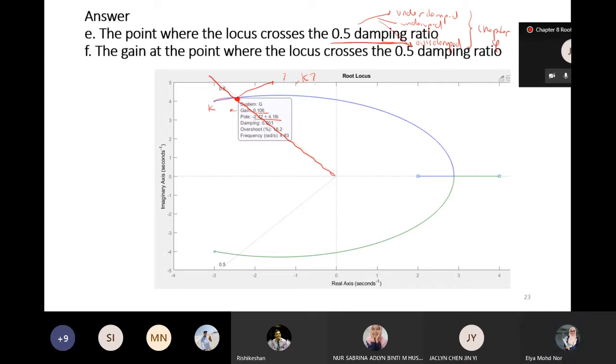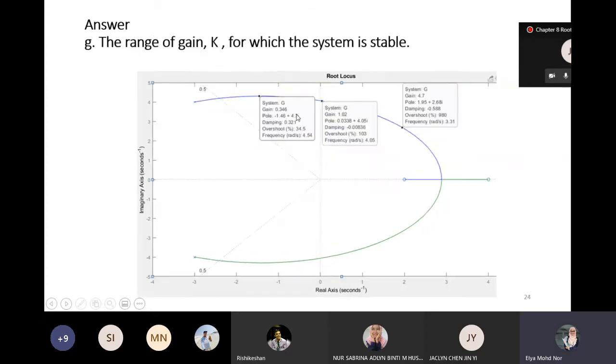So the gain at the point where the root locus crosses the 0.5 damping ratio is 0.106. The point where the root locus crosses the 0.5 damping ratio is at minus 2.42 plus 4.18i. Any question?